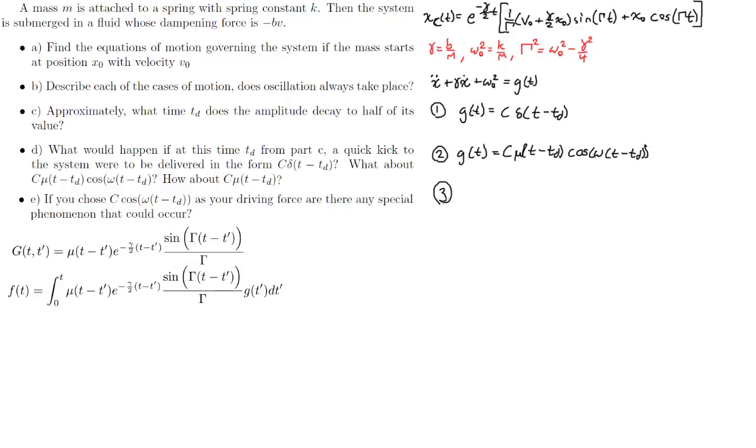And then number 3 is g of t equal to c times mu of t minus t sub d. So if you'll notice, 3 is the same as case number 2, but with omega equal to 0, right? So we have 3 different g of t's.